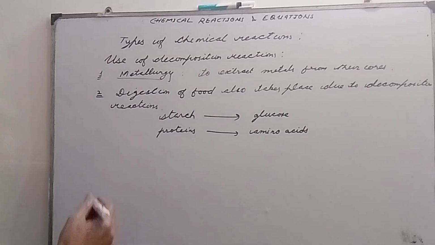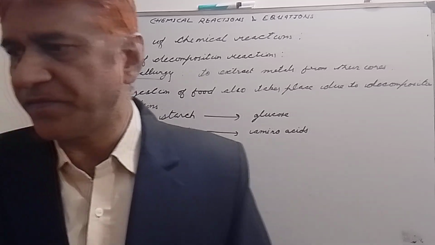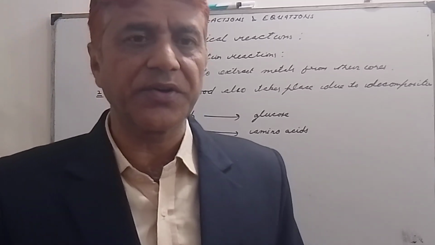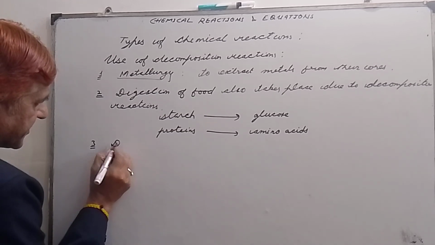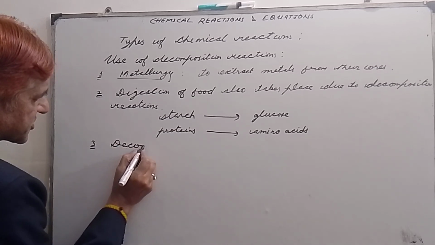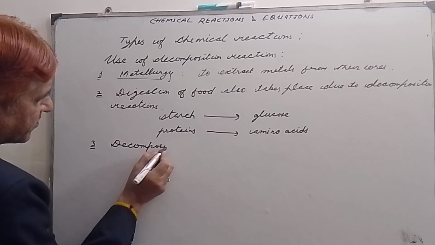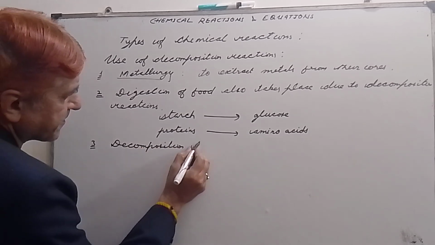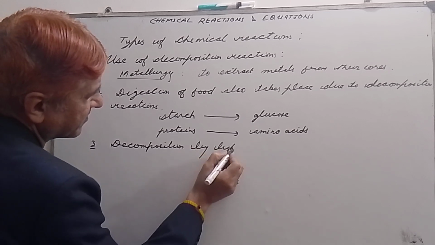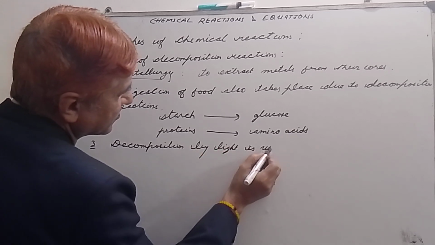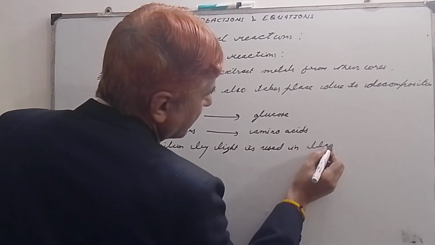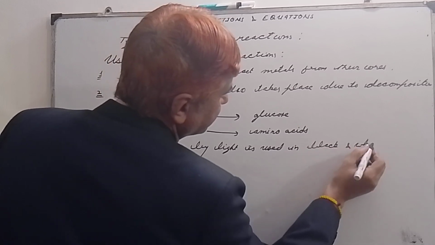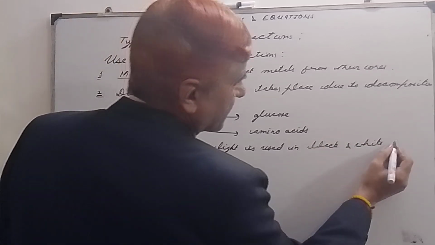And the third is decomposition by light. Decomposition by light is used in black and white photography.